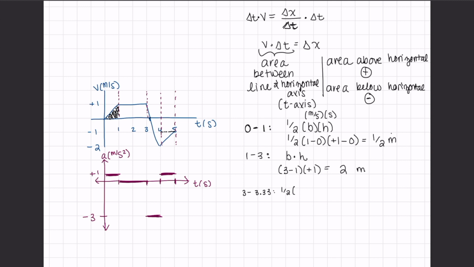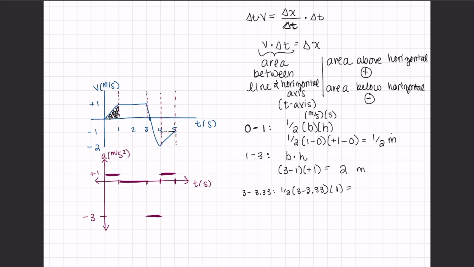So that'll be 1/2 base times height. So the base is 3.33 minus 3. And our height is just 1.